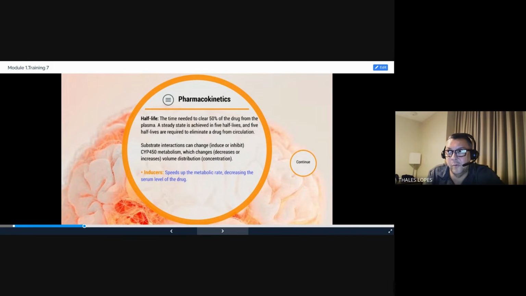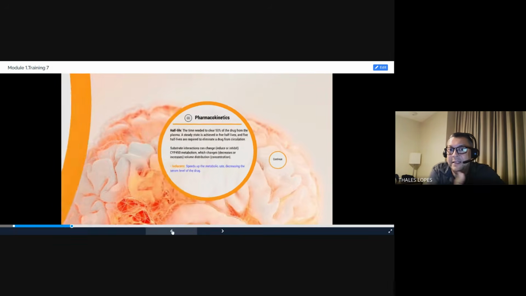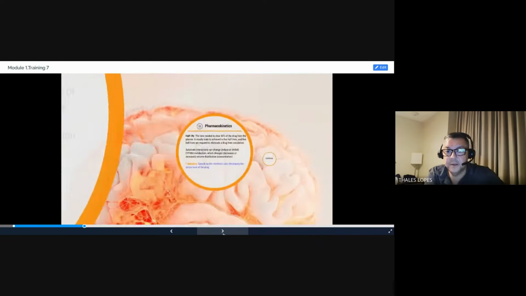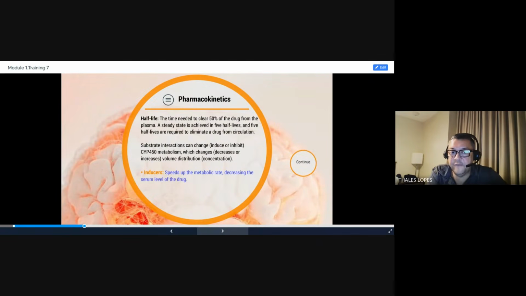It may not come as what the body does to the drug. It may come as absorption, distribution, metabolism, and excretion in disguise, because it's too simple to just say what the body does to a drug. Okay? Now, half-life, we just talked about the half-life concept.